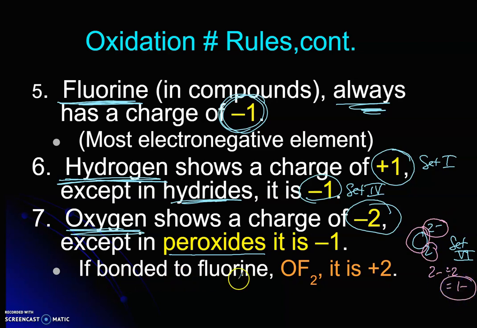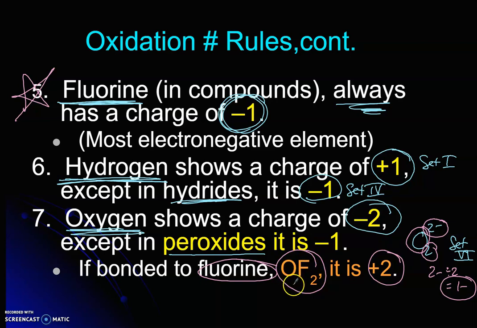And if oxygen is bonded to fluorine, fluorine's rule supersedes that. So in a compound OF2, oxygen would be a 2+ because oxygen and fluorine have to equal 0, so if you have two 1-, oxygen has to be a 2+.